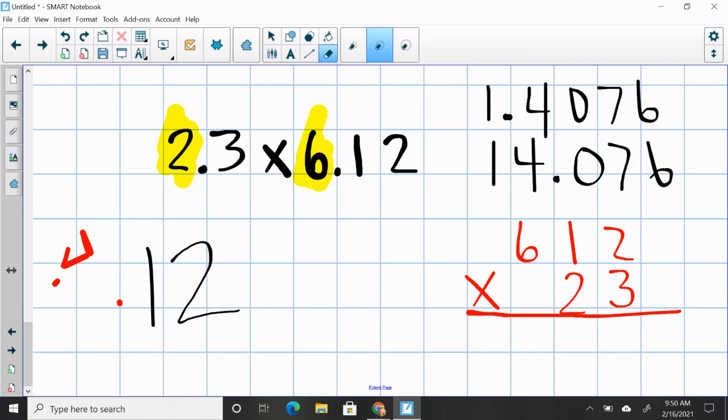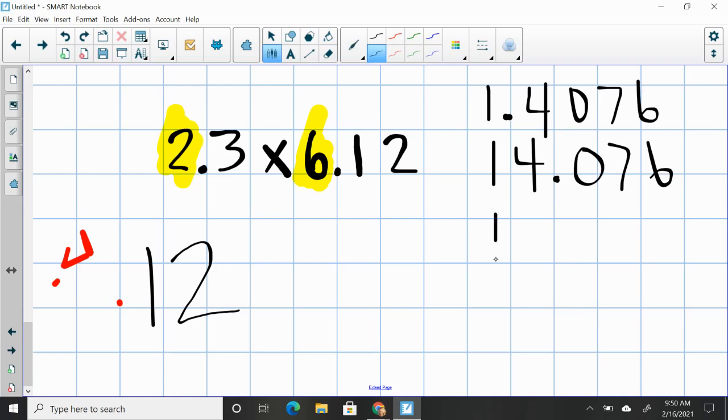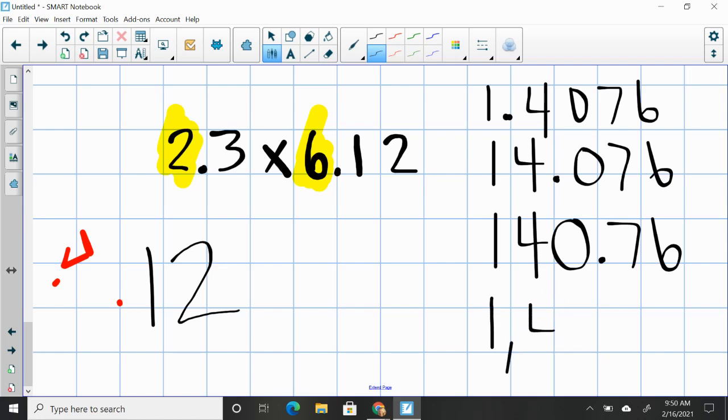It will give you 140 and 76 hundredths, and it might give you something like 1,407 and 6/10. So if those were your answers, what do you notice about those answer choices?